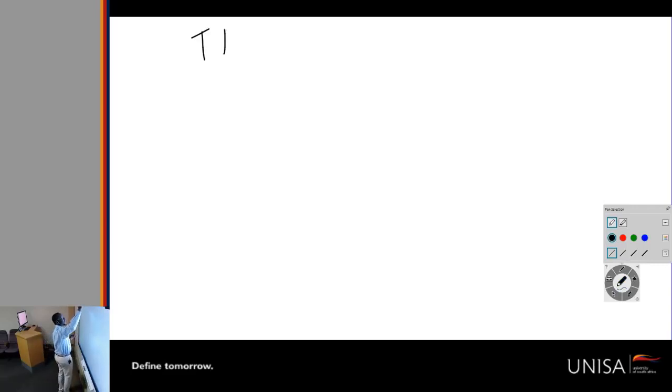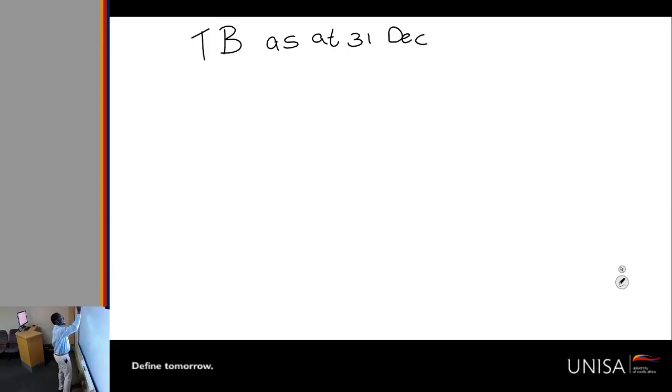You will have a trial balance as at some date, so it'll be as at 31 December. It will have a certain general ledger account, and then it'll have the amount as at that date.